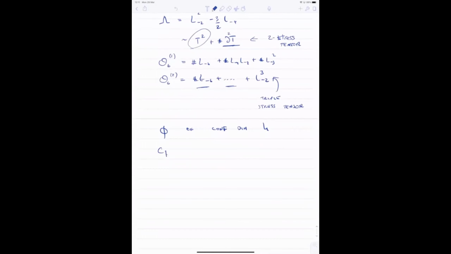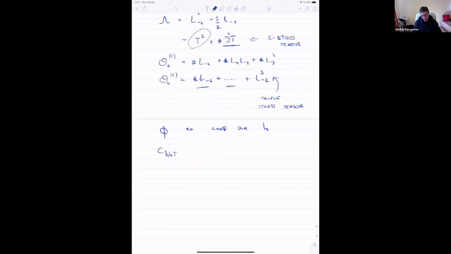Sorry, Andrei. One question. You say in order to make this quasi-primary, you need to add this. So this is the condition that this should be primary with respect to the global part, or what? Yeah, the global part. I see. But why should one stress tensor mix with the two stress tensor? Well, under just the global part. Yeah, that just follows from the OPE of the stress tensor.